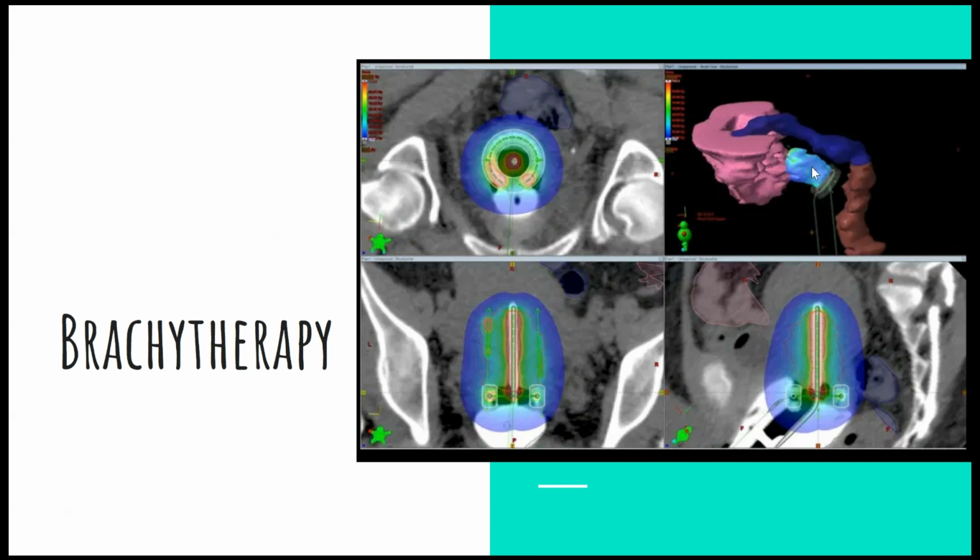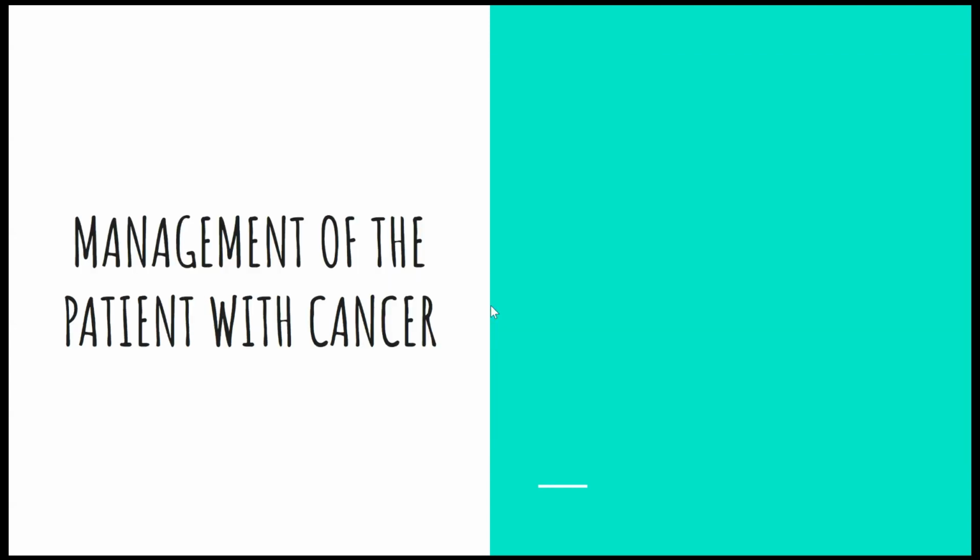Similarly, for brachytherapy, where I have implanted the source into the uterine cavity, this is how the radiation is spread out all around the radiation source. So these are various techniques. I have given you an overview of it. We'll talk about them in detail later on.